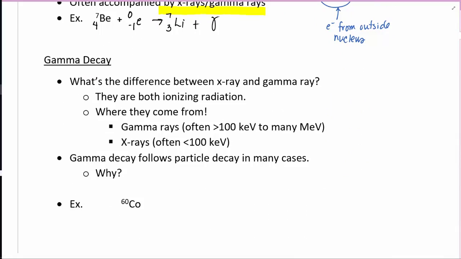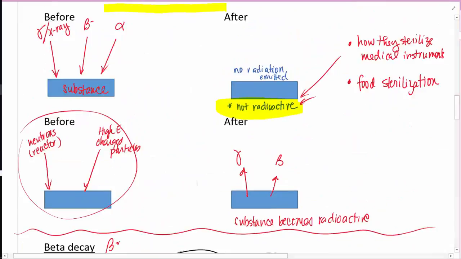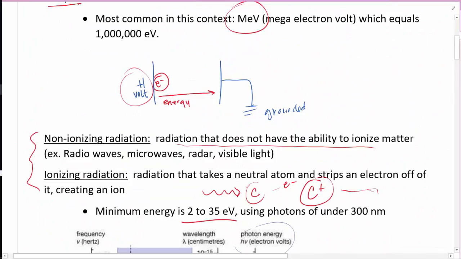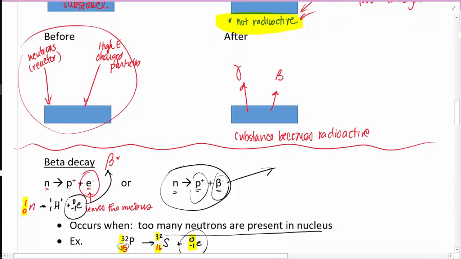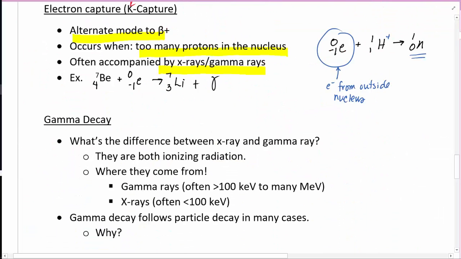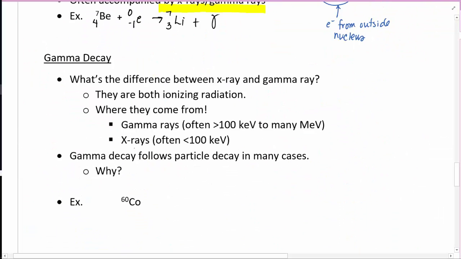What's the difference between an X-ray and a gamma ray? If I scroll back, oh, look. They overlap, okay? X-rays, you'll notice from that chart, are often lower in energy, and gamma rays are often higher in energy, but they overlap. They're both ionizing radiation, but the key is really where they come from.